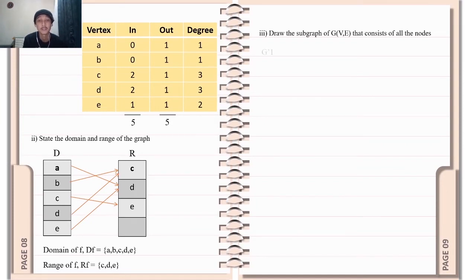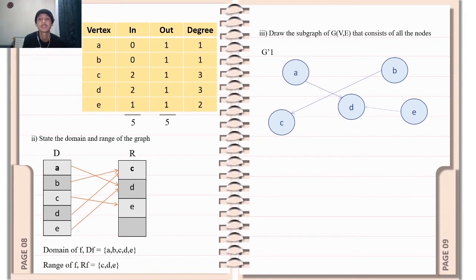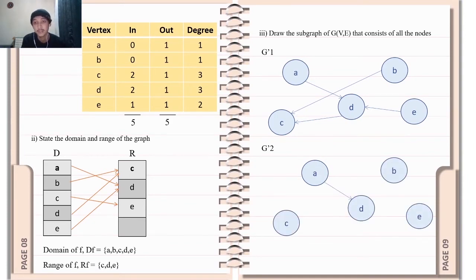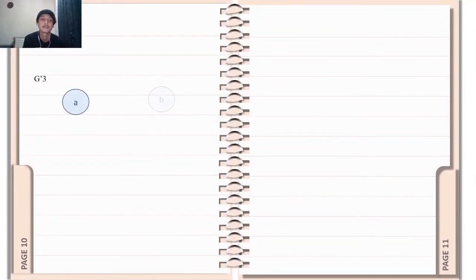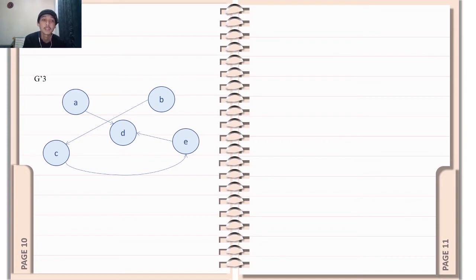So, the first graph: draw all the vertices, and then A to D, B to C, E to D, D to C. The second graph also has A to D, B to C, D to C, and the difference is C to E. In the third graph, A to D, B to C, C to E, and then E to D. You can choose any one of the three answers for the question.